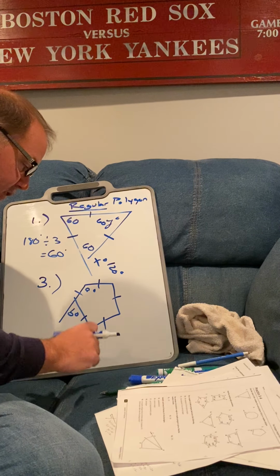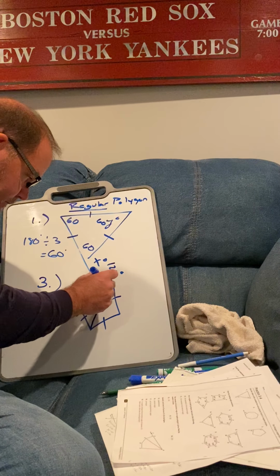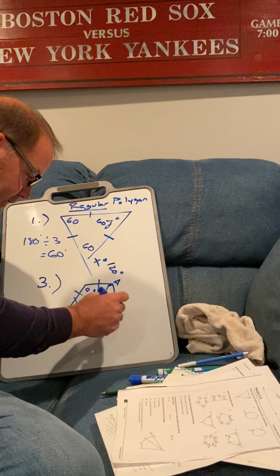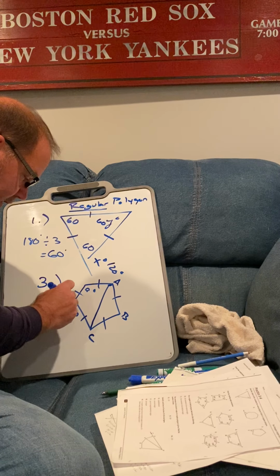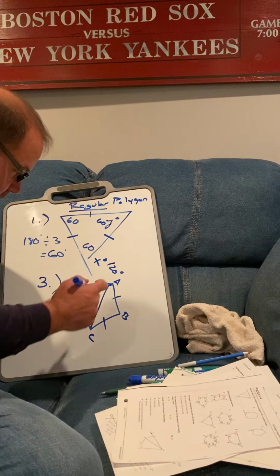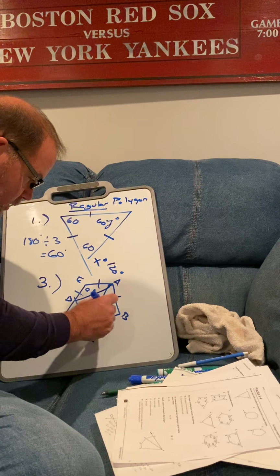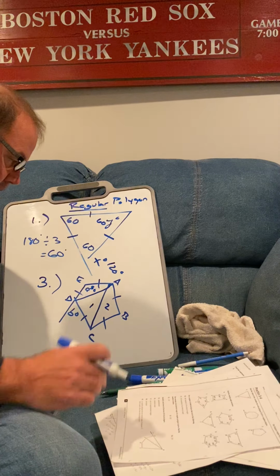if you think about this figure, if I break it up into triangles, if I go from this vertex, if I call this A, B, C, D, E, I get a triangle there. And if I drop it there, I know I have 1, 2, 3 triangles.